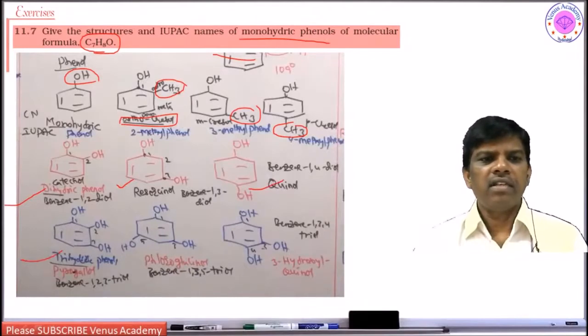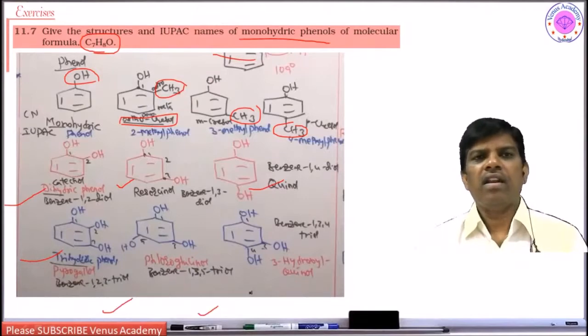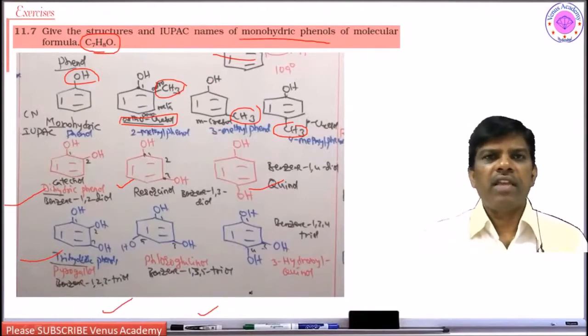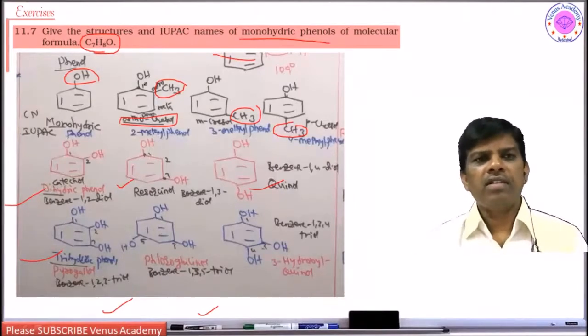Trihydric phenols include pyrogallol. It is very important to know the common names: pyrogallol, phloroglucinol, and 3-hydroxyphenol. Then how to number? Start the numbering from the phenol group, so 1, 2. That is why 2-methyl phenol, 3-methyl phenol, 4-methyl phenol.